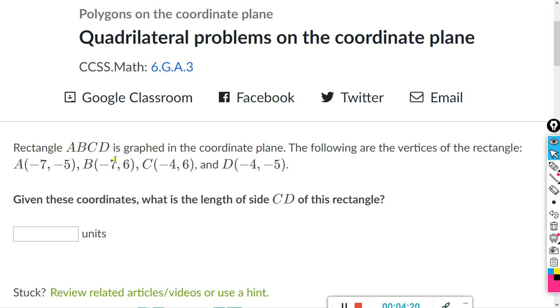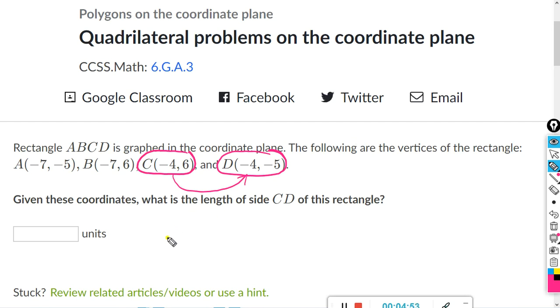Again, they gave us a rectangle, and they are asking us the length of side CD. So we're looking at the distance from C to D. Now you can use the distance formula if you like, but as you can see, when you subtract the x's, -4 minus -4, you're just going to get 0.